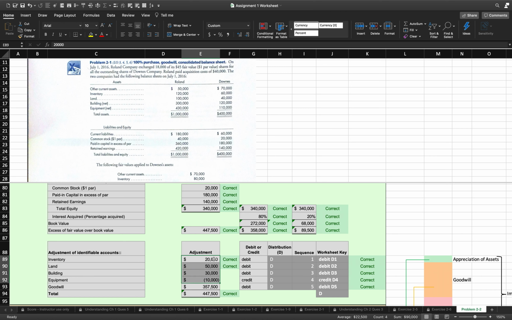I know they're kind of filled out here for you already, but logically, you should know where these items are coming from. And in fact, what's happening here is if you look at inventory, the book value of it was 60,000, and the fair market value was 80,000. A difference of 20,000. That's what this 20,000 represents.